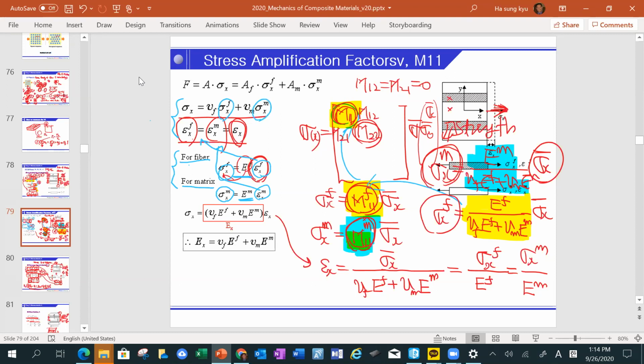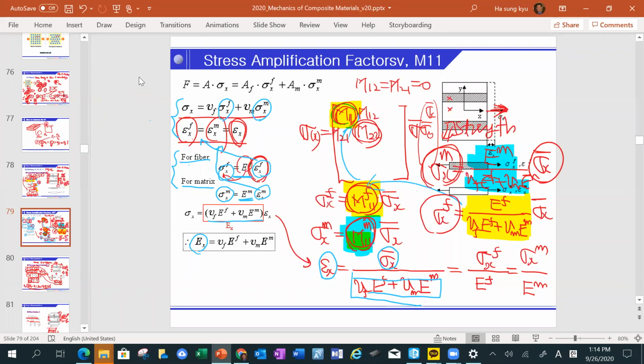As a result, we simply have epsilon x and the stress and strain, and by definition, this is the Ex stiffness in the x direction.